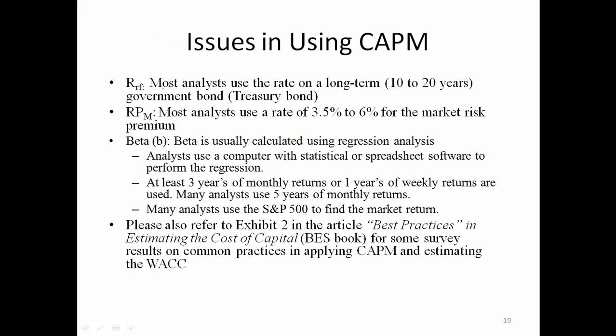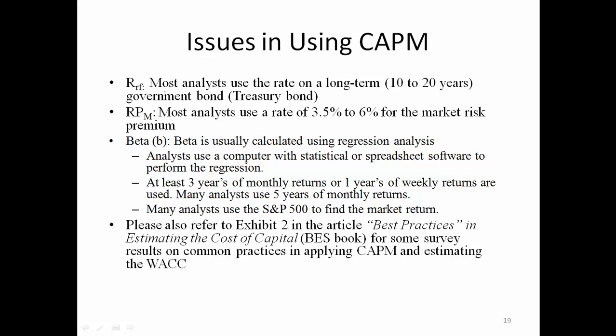For the risk-free rate, most analysts use the rate on a long-term government bond, which is usually 10 to 20 years. Remember from the last lecture that the 10-year Treasury bond rate is widely used as a risk-free rate. For the market risk premium, most analysts use a rate of 3.5% to 6%. So as you see, it is actually a pretty wide range.